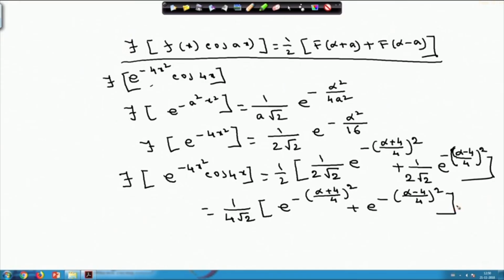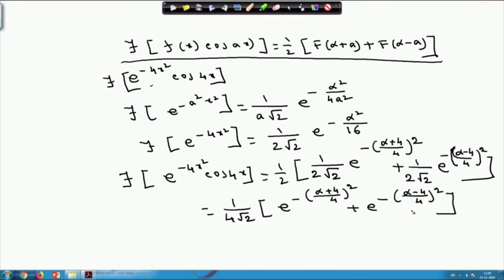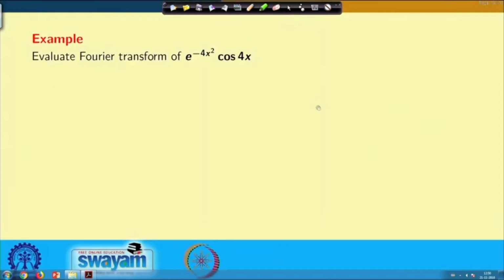Therefore, I am getting that the Fourier transform of e power minus 4x square cos 4x equals this quantity.